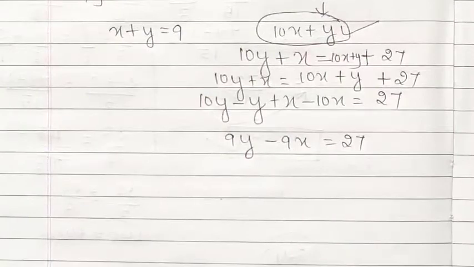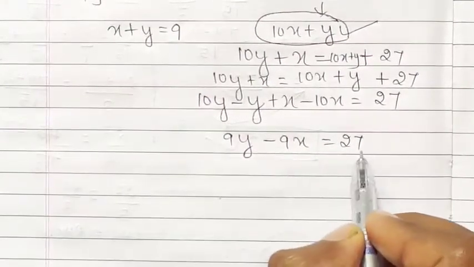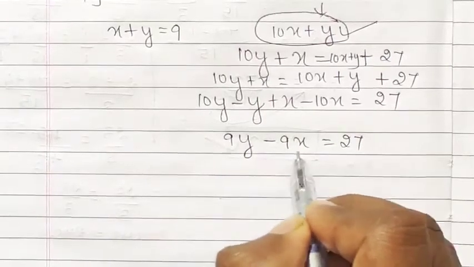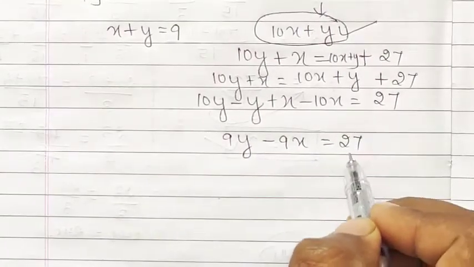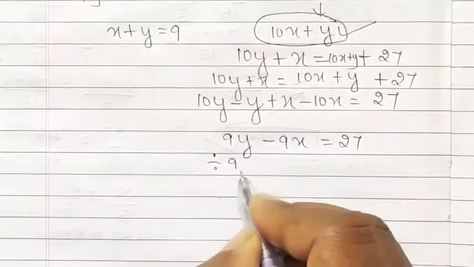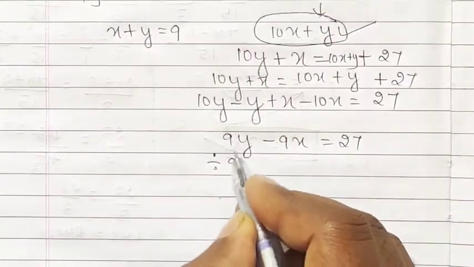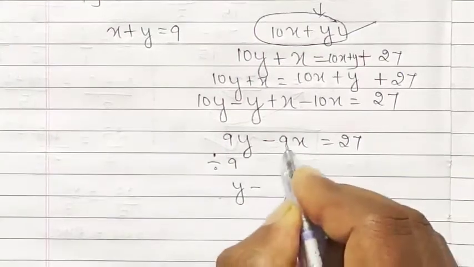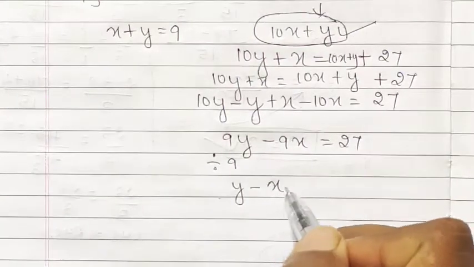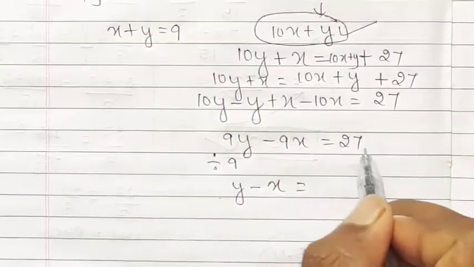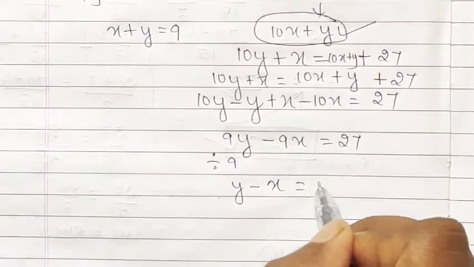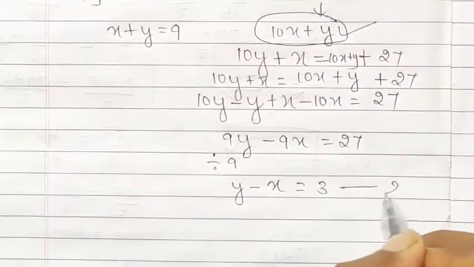Next, 9 and 27 can be reduced by 9, so I will divide this whole equation by 9. 9y divided by 9, only y is remaining. 9x divided by 9, only x is remaining. 27 divided by 9, 9 threes are 27. This is the second equation.